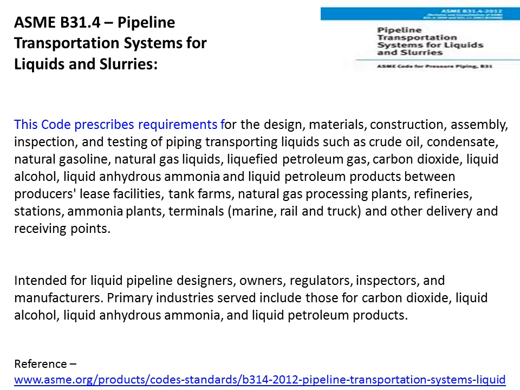Next is B31.4 for pipeline transportation systems, liquids and slurries. This code prescribes requirements for the design, material, construction, assembly, inspection, and testing of piping transporting liquids such as crude oil, condensate, natural gasoline, natural gas liquids, liquefied petroleum gas, carbon dioxide, liquid alcohol, liquid anhydrous ammonia, and liquid petroleum products between producers, lease facilities, tank farms, natural gas processing plants, refinery stations, ammonia plants, terminals, that is marine, rail, and truck, and other delivery and receiving points.